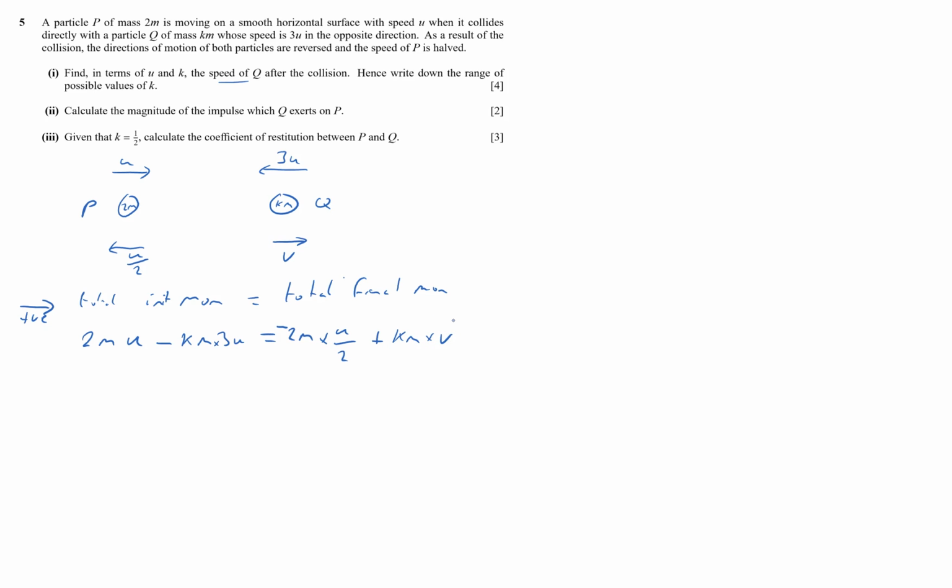So we can now manipulate this. First off, we can divide through by m, because everything's got m in it, and we're trying to find what v is. So I've got v here, that 2 cancels with that 2, so that's minus u. I add u to both sides, that'll give us 3u minus 3uk equals kv.